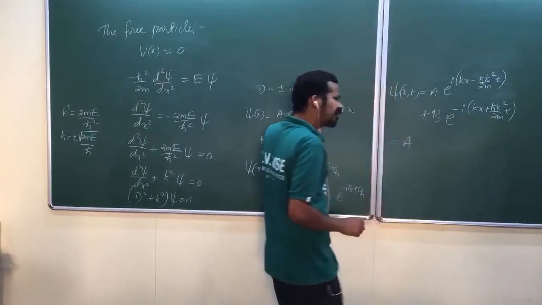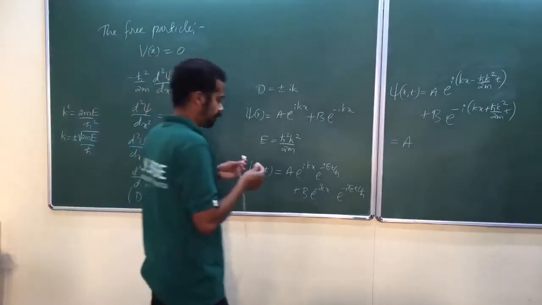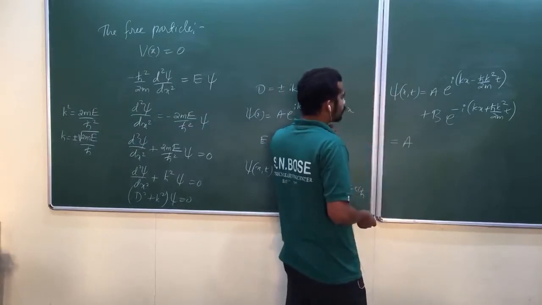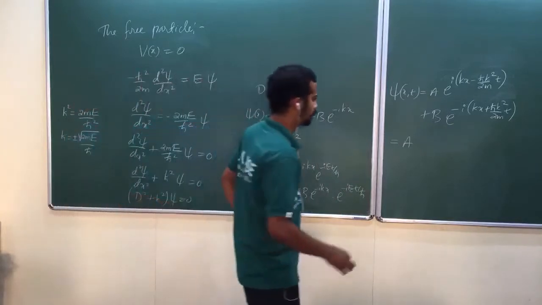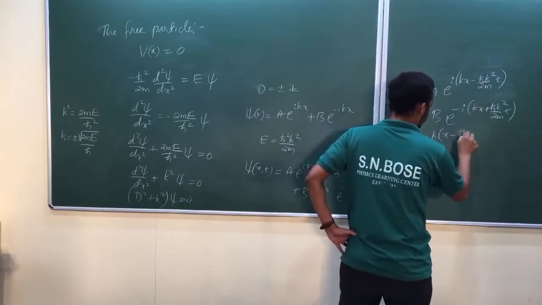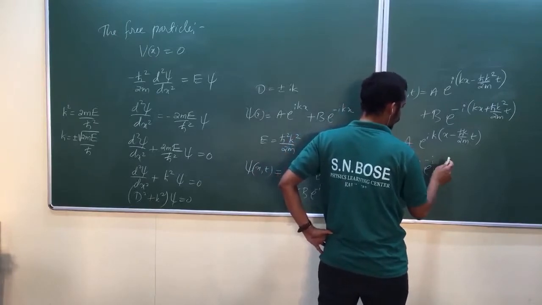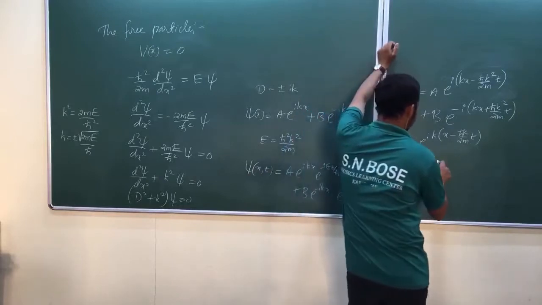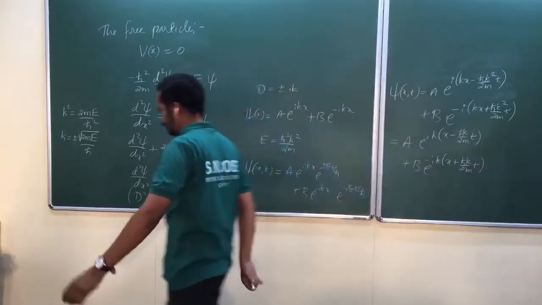Now what I do here is take k outside: A e power ik x minus h bar k by 2m into t, plus B e power minus ik, k outside, x plus h bar k by 2m into t. Just some manipulation, k is taken outside.